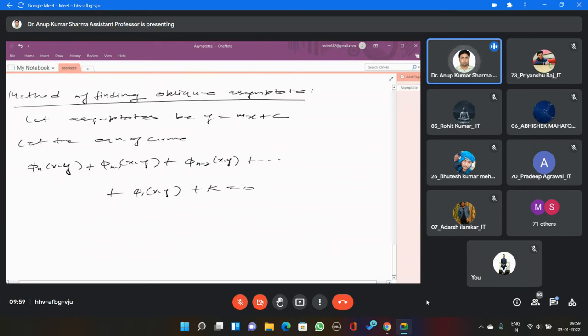Now this becomes the auxiliary equation, already discussed in the past. By this auxiliary equation we find the roots, that means you will get an equation in m and some roots, and based on the roots you can find the oblique asymptotes by further equations.